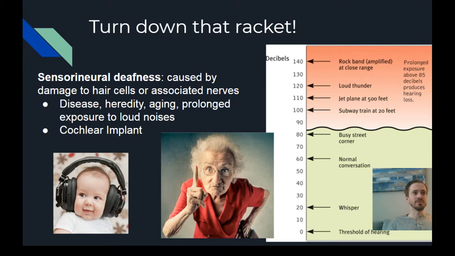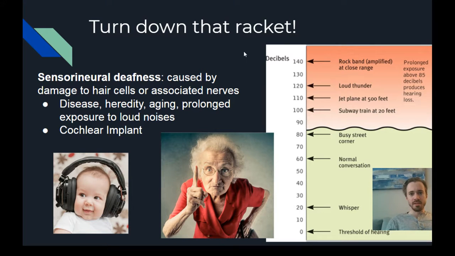Professional musicians are about 8 times more likely to have serious cochlear damage and eventually need an implant. What they eventually have to do is put these cochlear implants under our ears. They put this device around the back of our ear that then stimulates the temporal lobe and basically has to fake the messages that the cochlea does and send that to the brain.